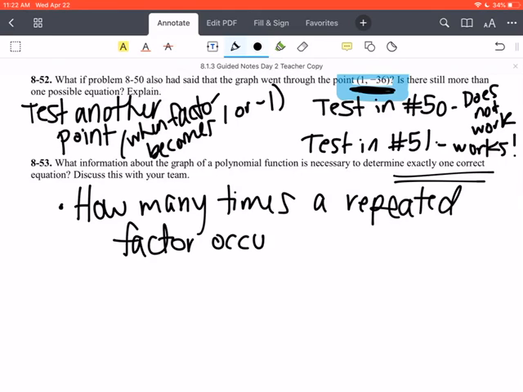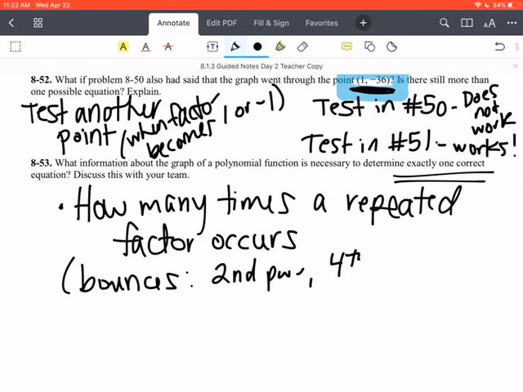Okay, so if you're telling me that it bounces, we know that bounces means that it could be raised to the second power. We know that it could also mean the fourth power. We need to know, okay? So we need some information there.